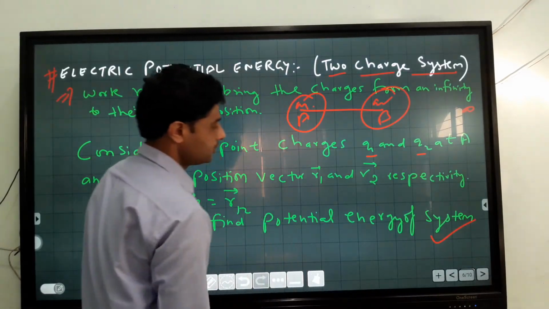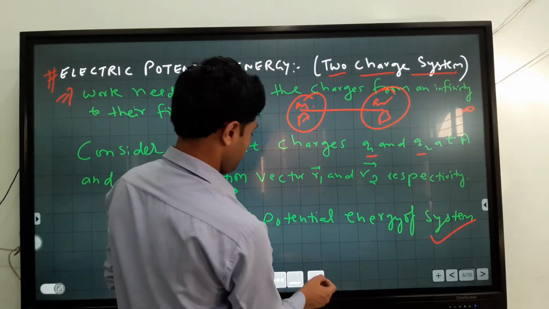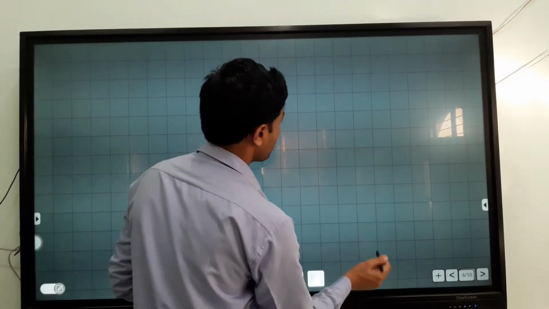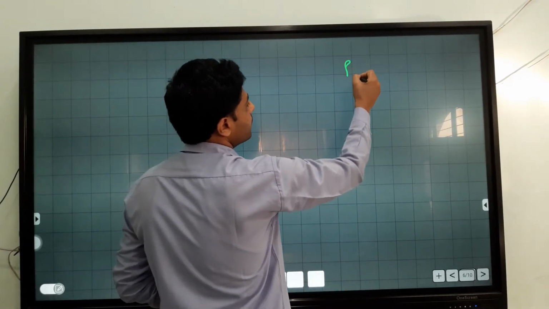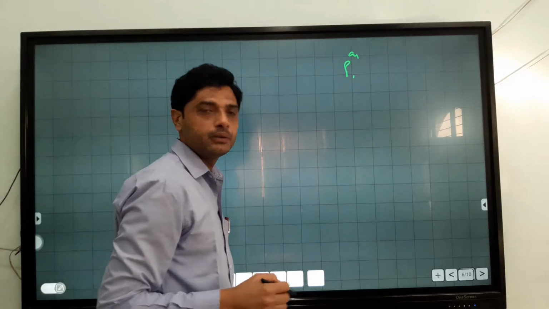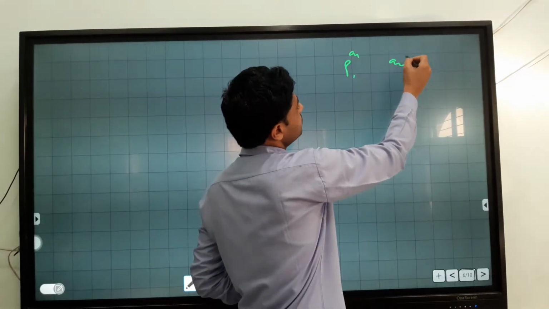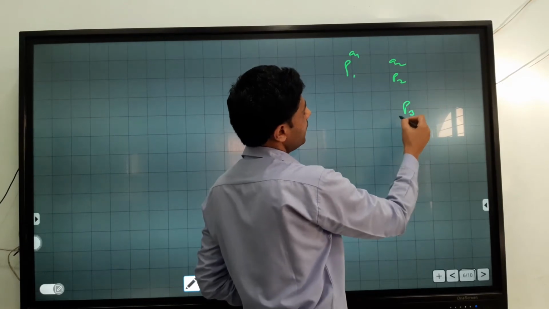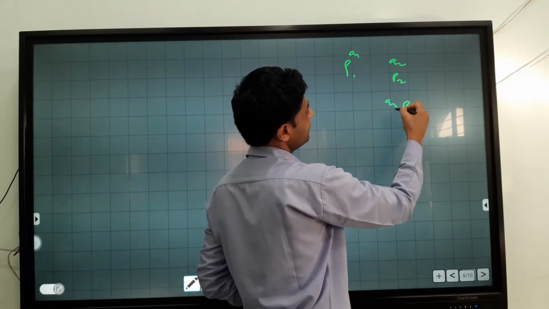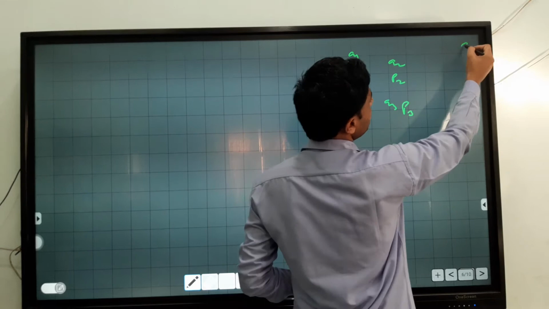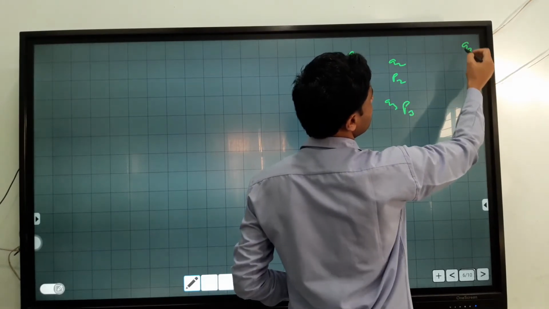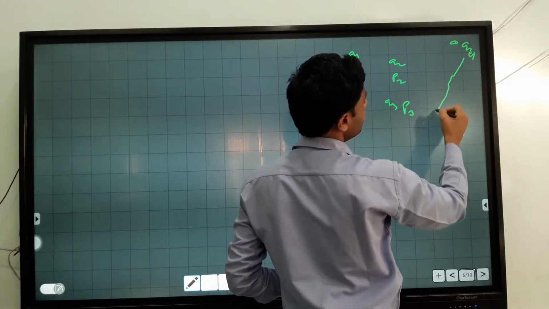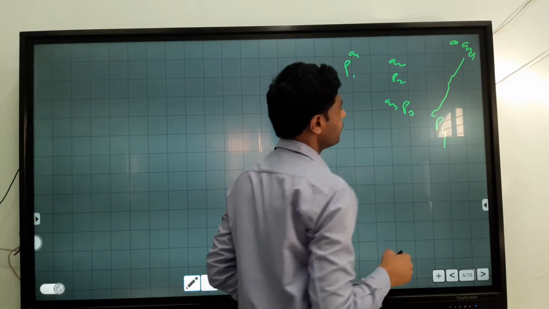Now Q1 charge is placed at point P1, Q2 at P2, Q3 at P3, and now we have to carry Q4 charge from infinity to point P4.